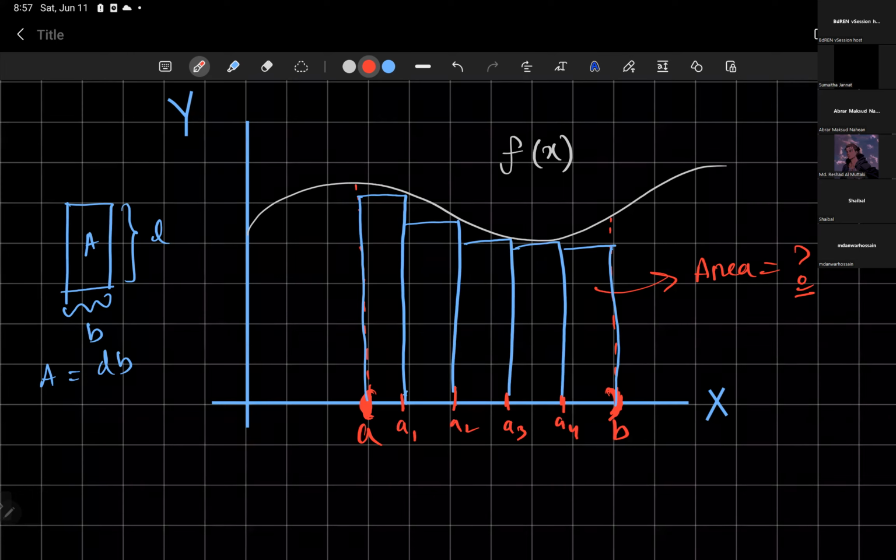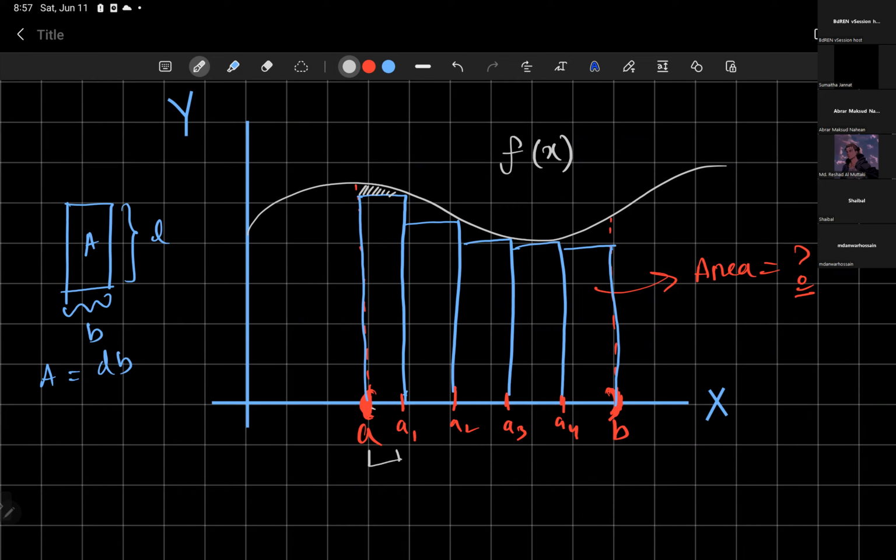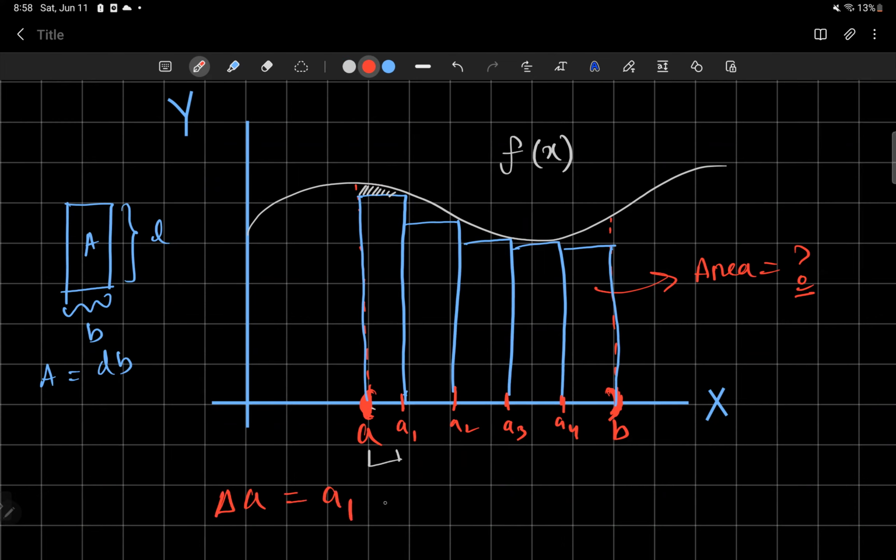From this drawing, you will see there are some regions left like this. Their idea was that once you take the interval from A to A1 to be very, very small, that means they're approaching each other such that the difference del A, let's denote that as A1 minus A, tends to 0.